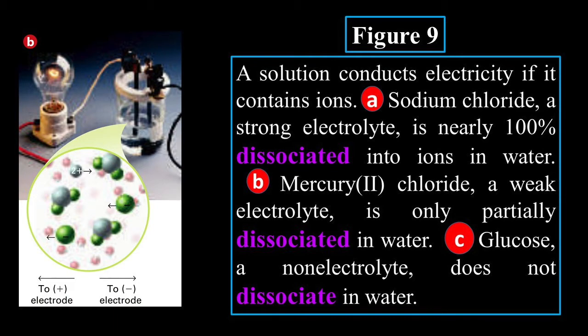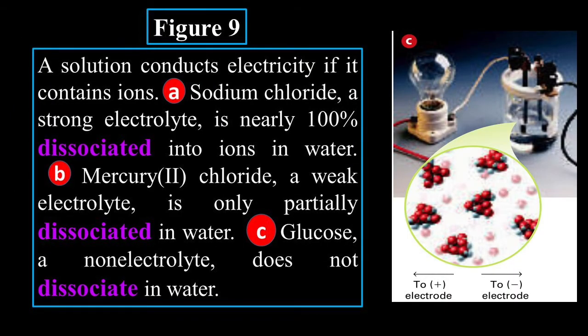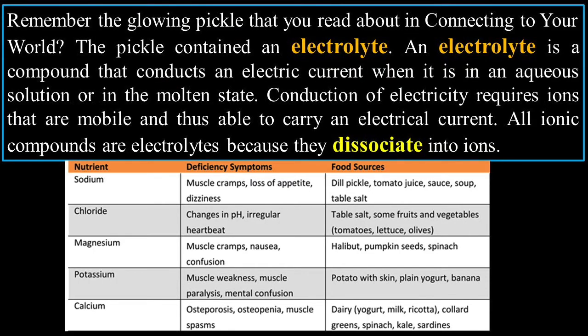So the mercury II chloride is a weak electrolyte. And then C, glucose, a non-electrolyte, does not dissociate in water. So it doesn't break down into ions. It just stays as an individual particle.